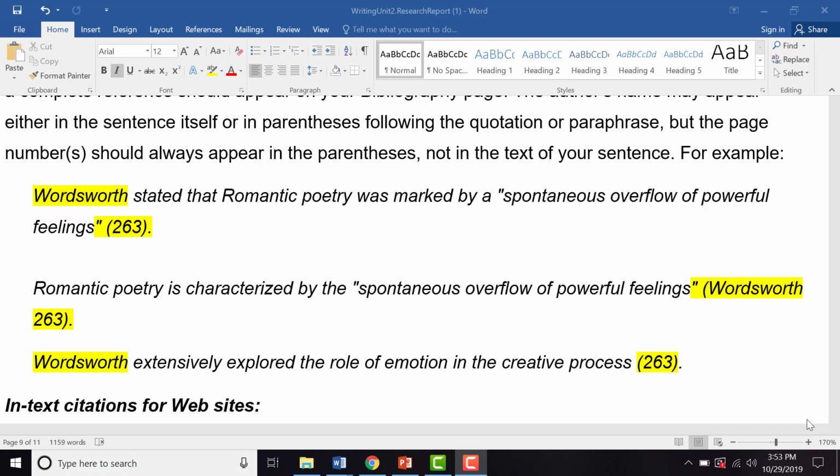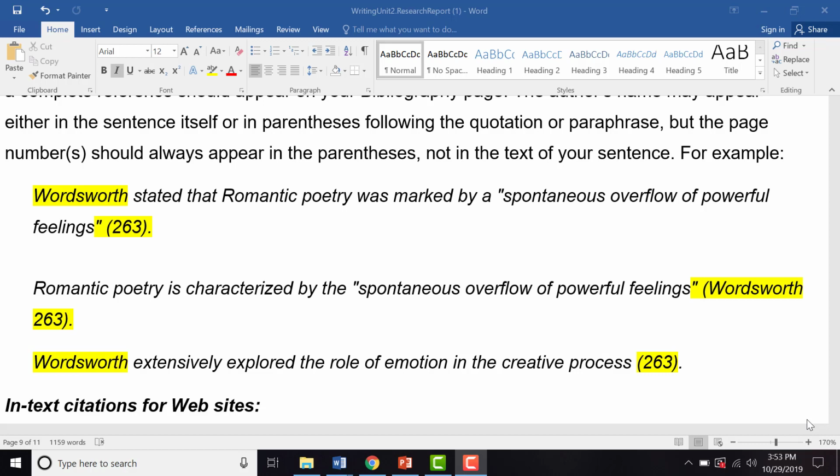Let's pretend that I have read a book by an author with the last name Wordsworth. And as I was reading, I came across some important information on page 263. So I copied that information down directly and used quotation marks to show that I copied those words. I am required to include the author's last name and a page number in parentheses.